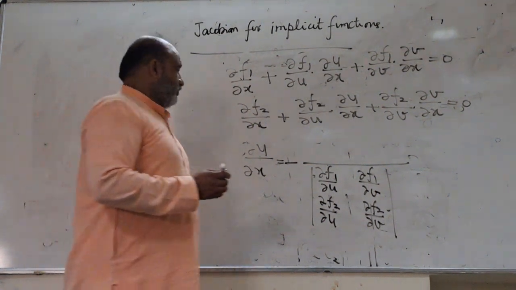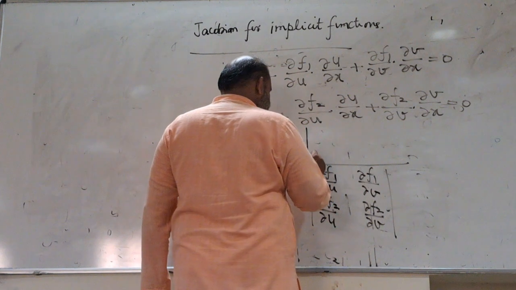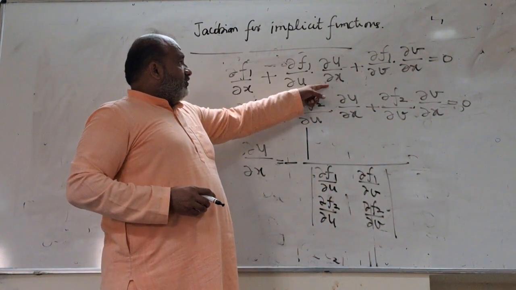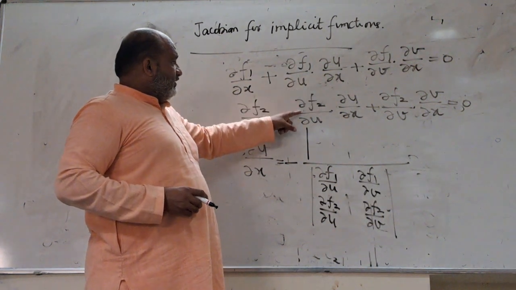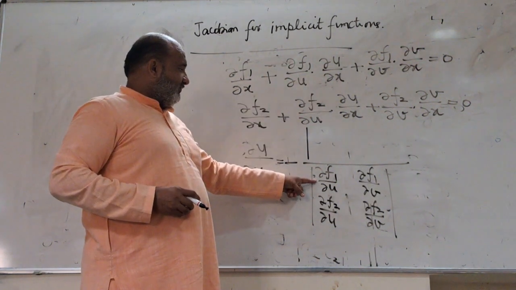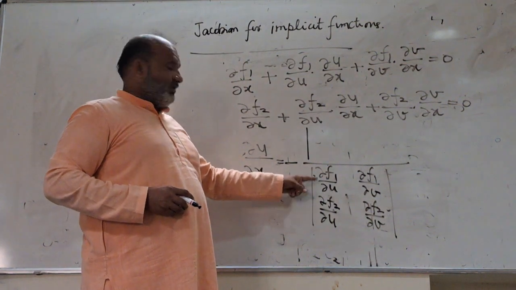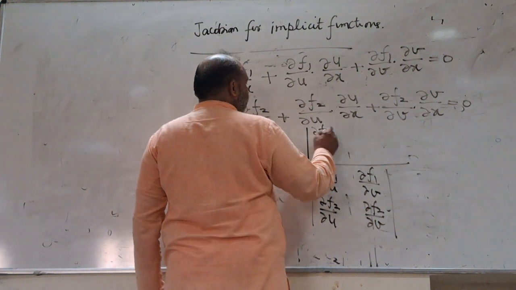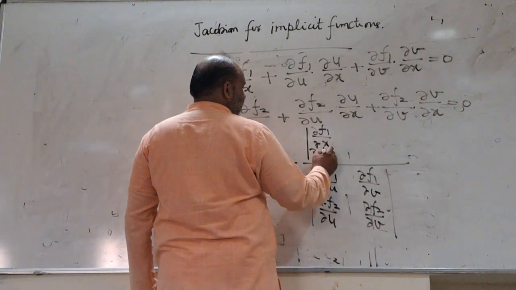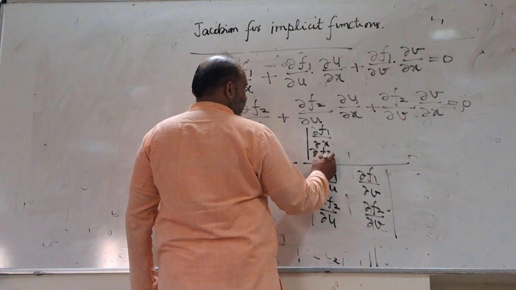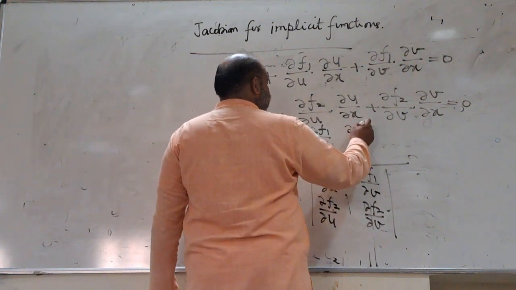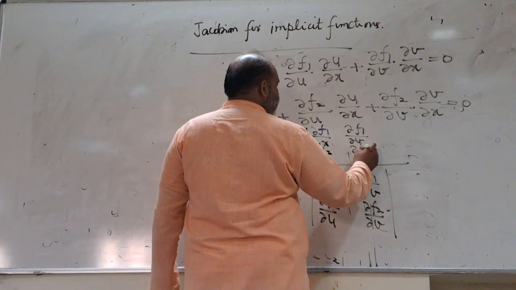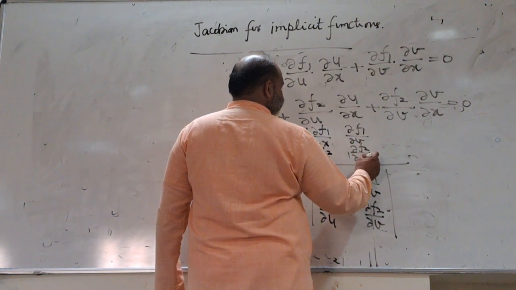Is it okay? So here in the numerator, the coefficients of del u over del x are del f1 over del u, del f2 over del u. So this column will be replaced by del f1 over del x and del f2 over del x, and this will remain the same, del f1 over del v and del f2 over del v.